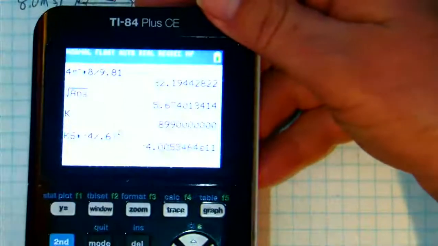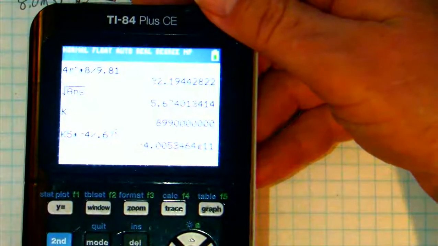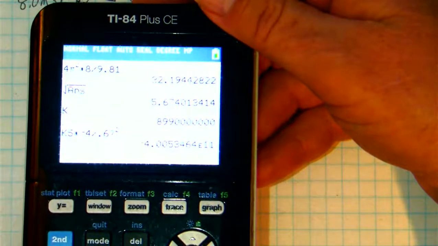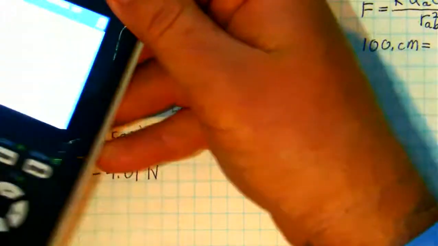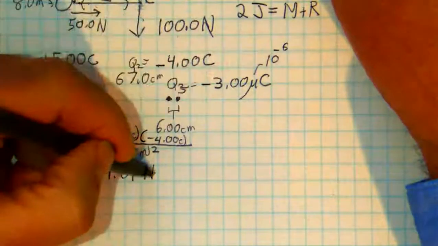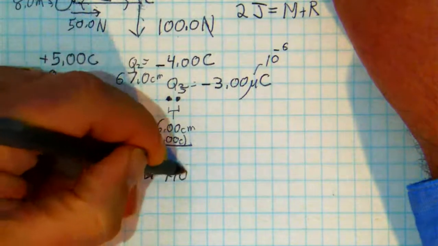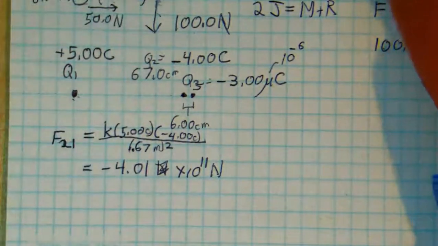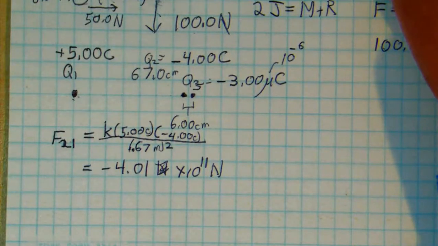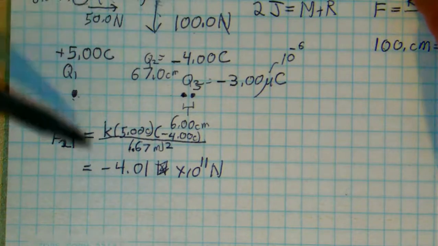The calculator actually says 4.00534640. Oh, ha ha ha. I missed this last part. Times 10 to the 11th power. That's pretty important. Times 10 to the 11th power newtons. Woo! Okay, so that is a very, very, very strong force of electrical attraction.